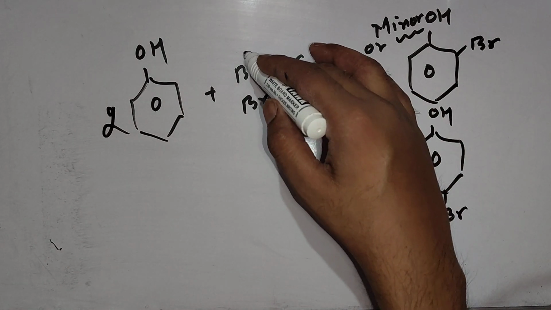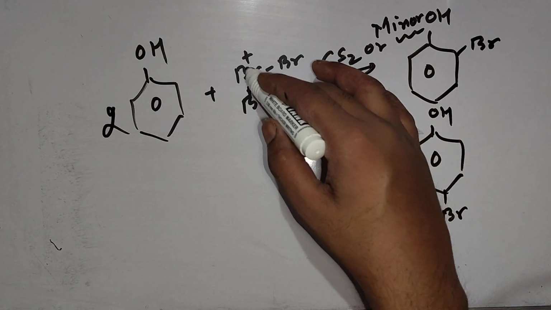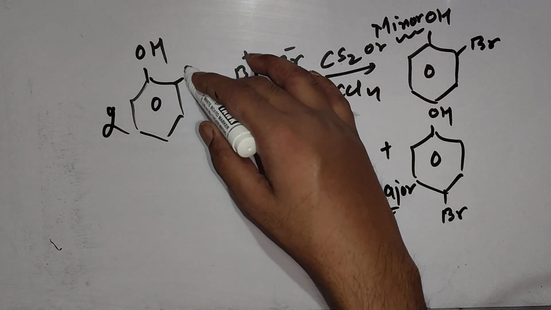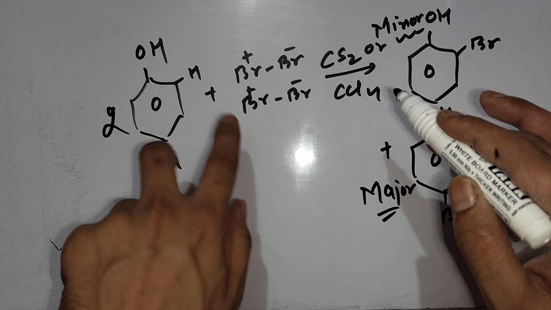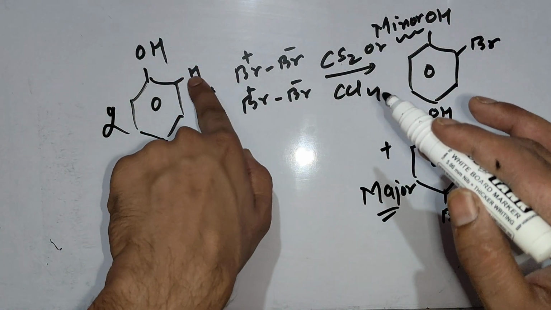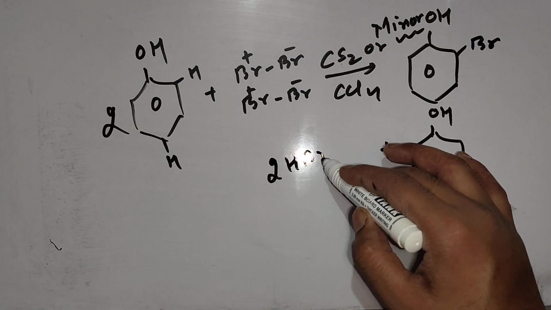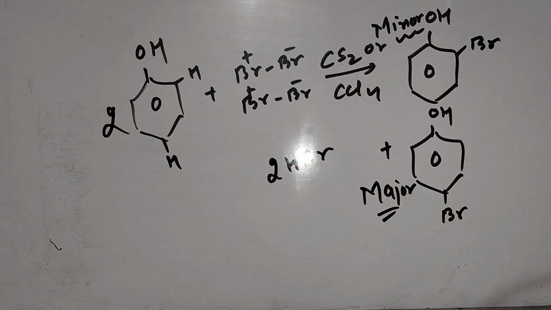And obviously these positive bromines have joined with benzene, and these negative bromines will combine with H positive ions which were substituted from the ortho and para positions. So two molecules of HBr will be eliminated like this. That's it. This is the mechanism of the reaction. Please write this mechanism step by step properly with proper headings for the steps.